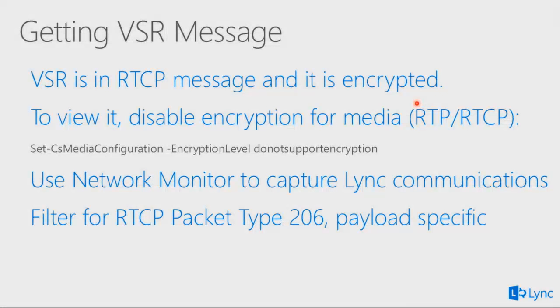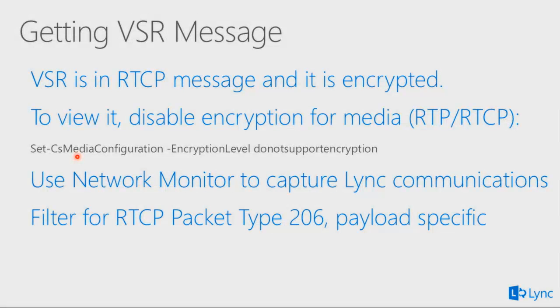We like it. So in our lab, what you need to do is set the media config to not support encryption. That will disable the encryption on media as well as RTCP, so that you can look into it.